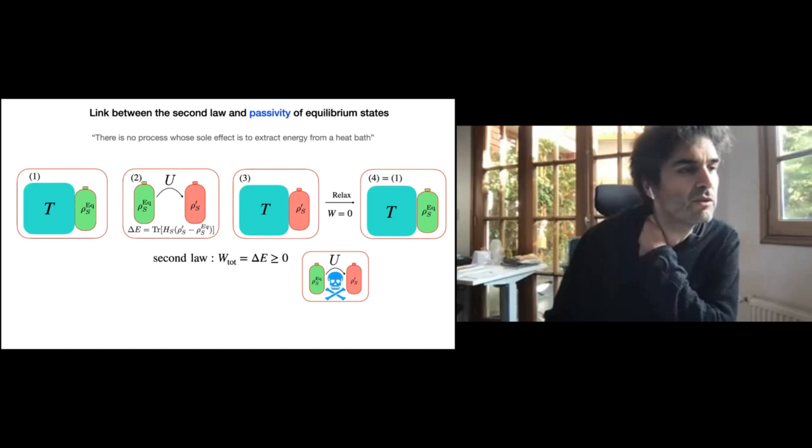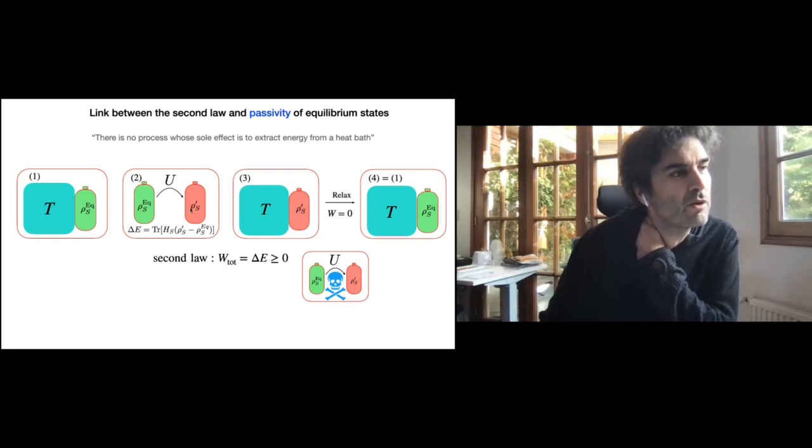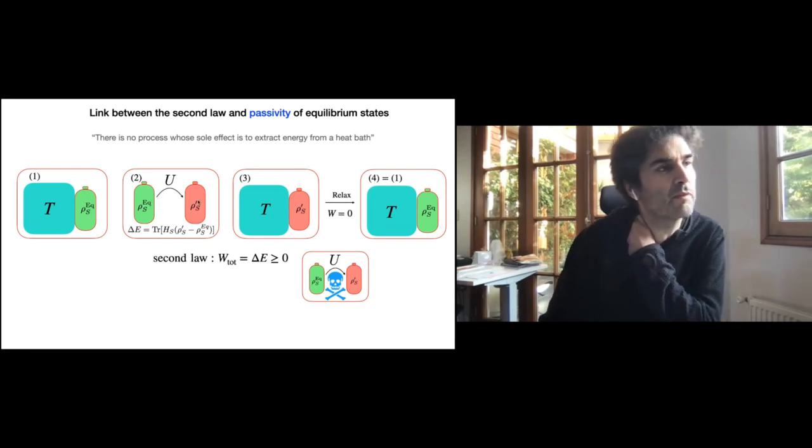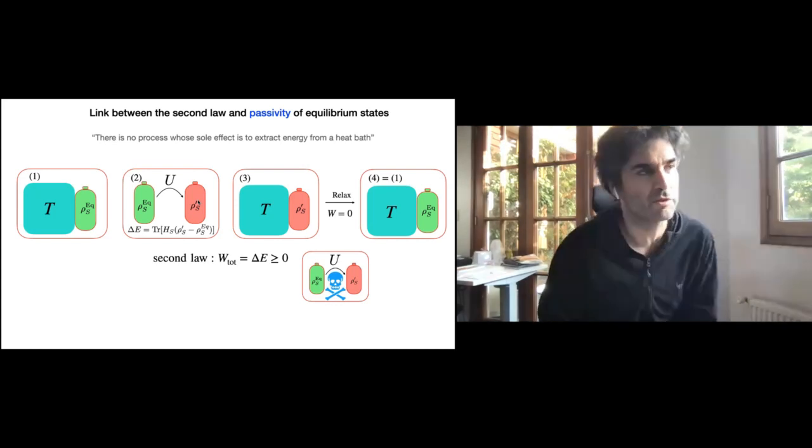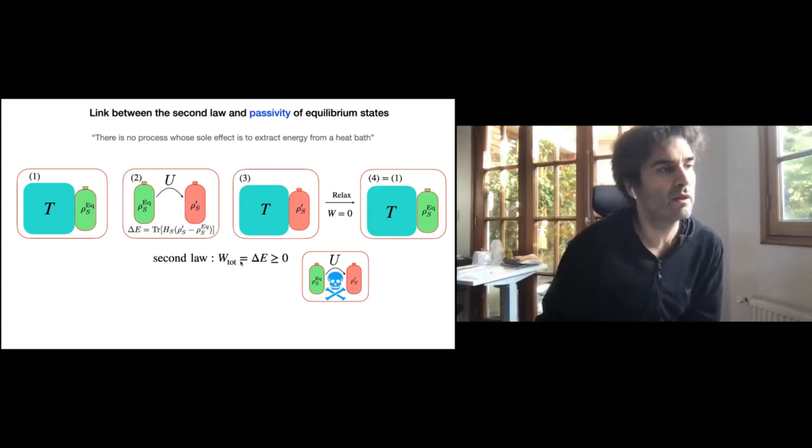And the second law implies that the total work done in the process, which is just this change of energy, must be positive, right? Therefore, the second law is saying that we cannot decrease the energy of this equilibrium state with this unitary transformation, because we can only increase the energy.